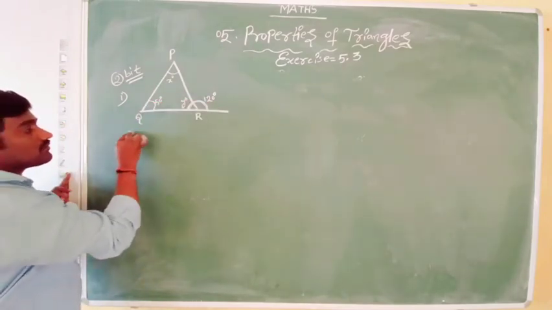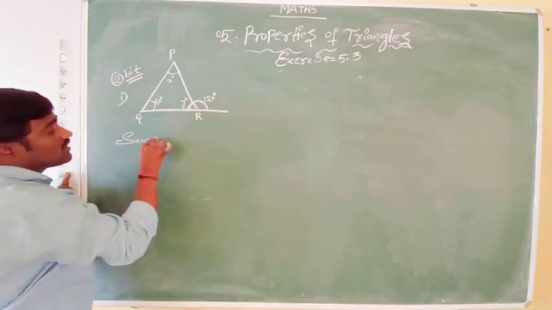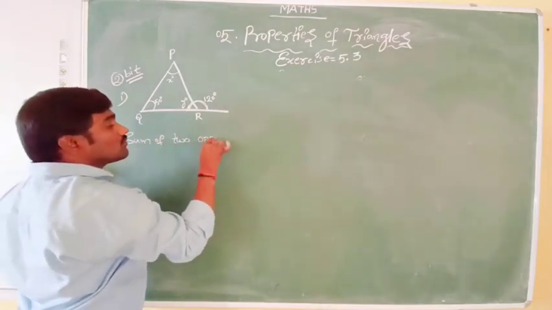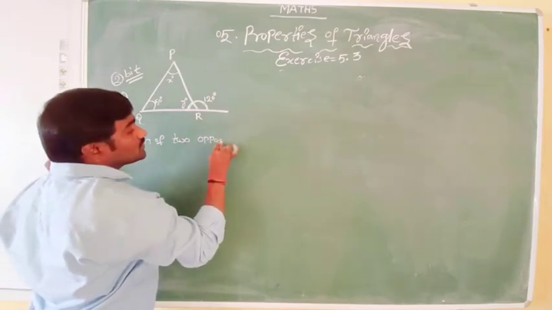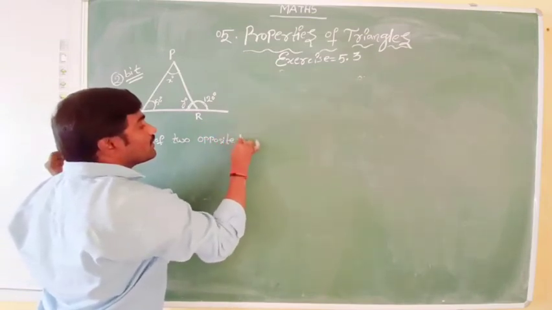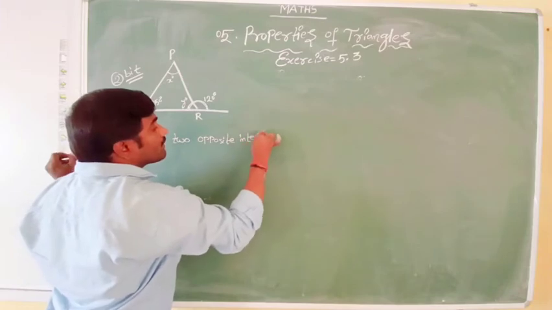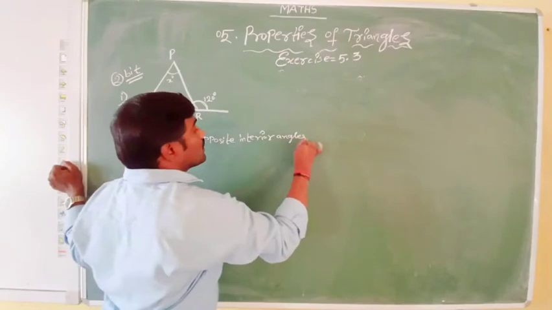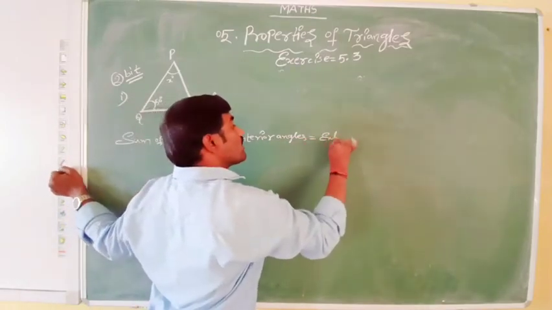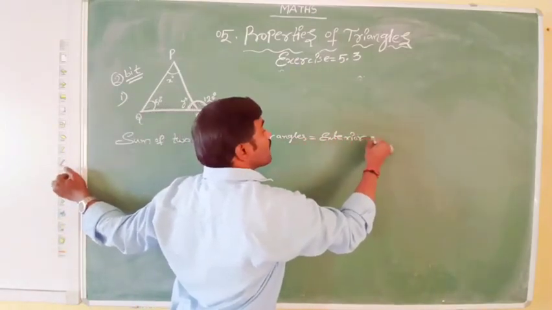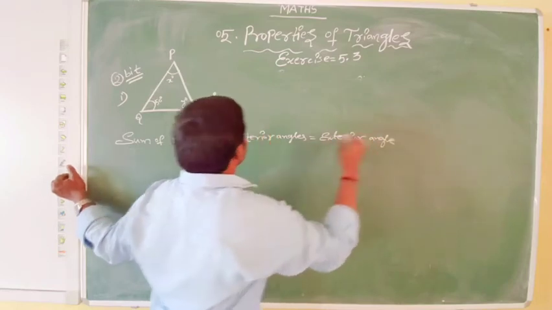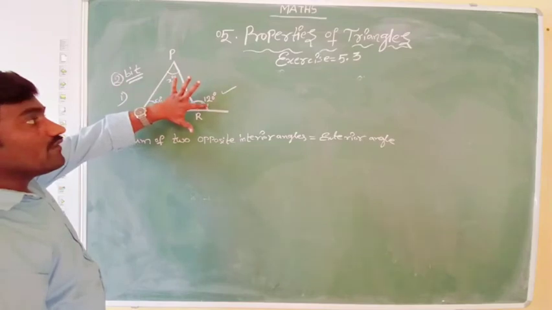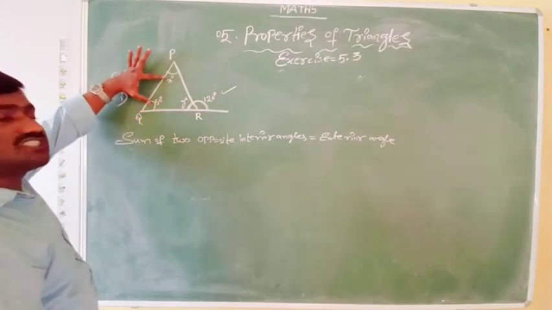By that concept, the sum of two opposite interior angles equals the exterior angle. Here 120 degrees is an exterior angle of this triangle. So for this exterior angle, these are the opposite interior angles.